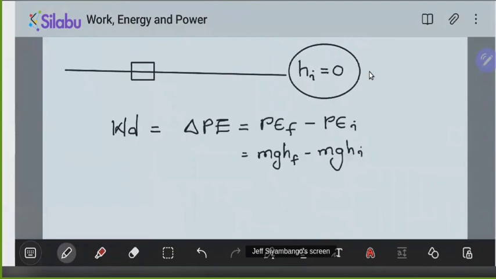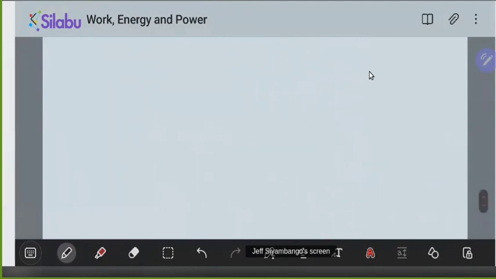Okay, so here's what is happening. You have water that is somewhere at this level, and then this motor is lifting the water to some new position.